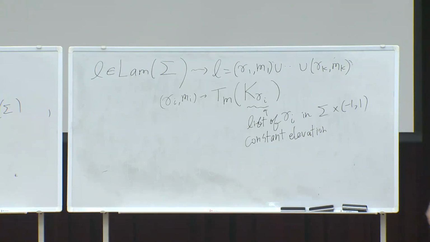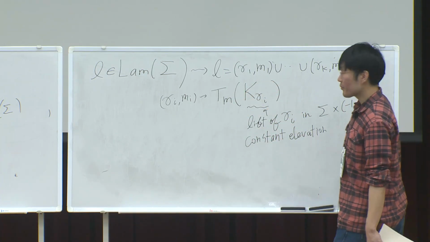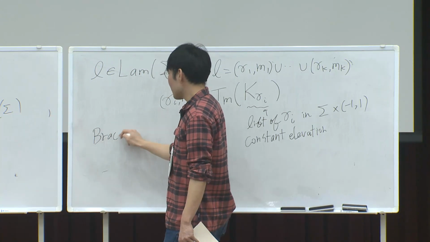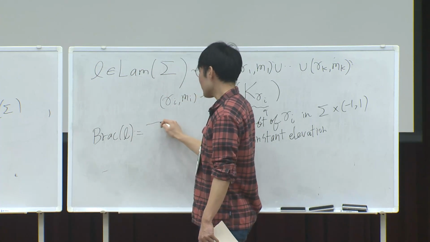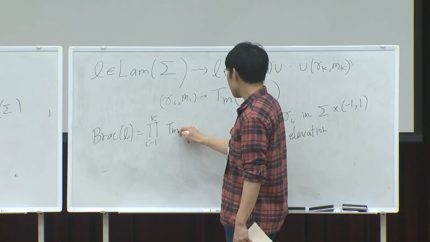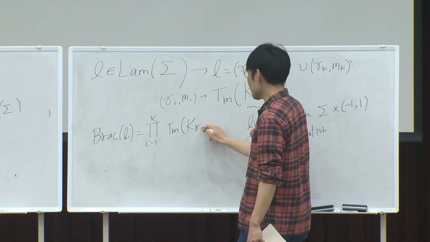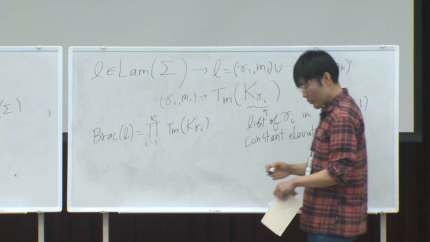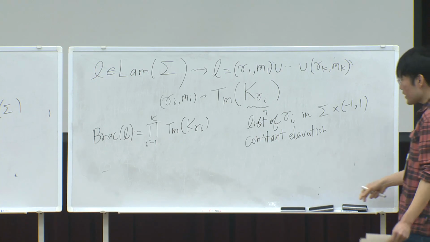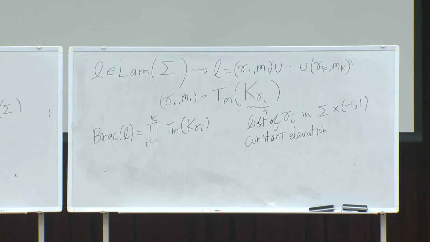That's what I call k gamma I. So that's an element in the skein algebra. You just put it in the polynomial. And you just take the product. So the bracelet of L will be just the product. And the product order doesn't matter because each factor for different I commutes. So you have 3 sets, and they still form a basis for the quantum algebra.